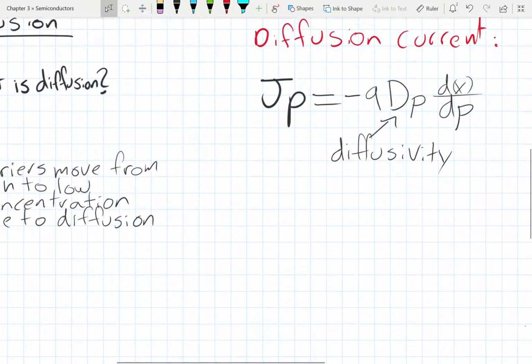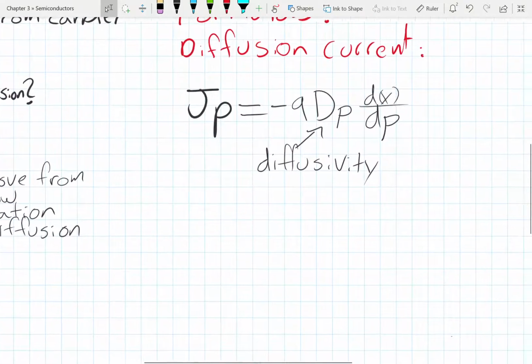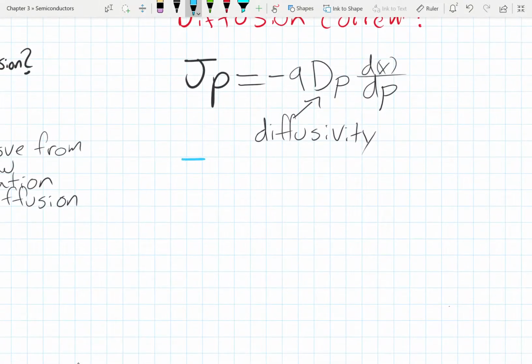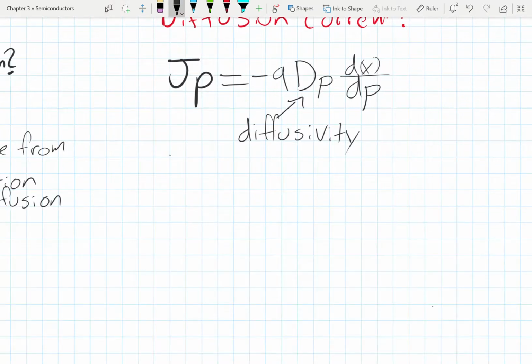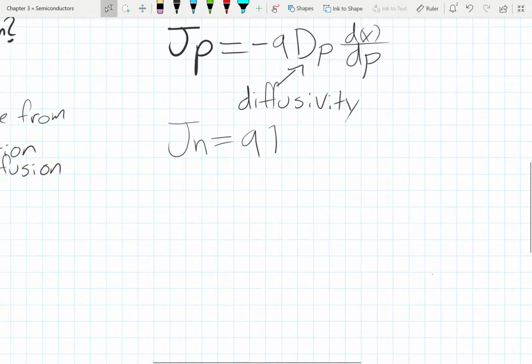The equation given to us for Jn is: Jn is equal to the same charge, the diffusivity of electrons, and the gradient of electrons.